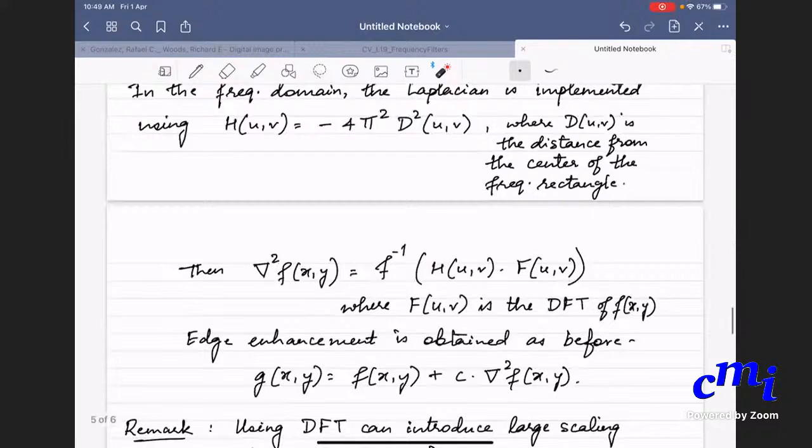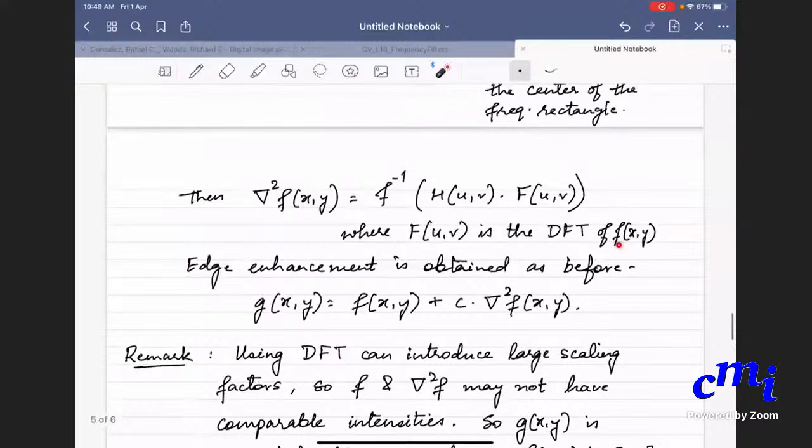So when DFT is applied to convert and to convert back, you can have some scaling factors applied, which means that instead of f(x,y), you will have some scalars multiplied to this output, which means the Laplacian image will come out with different intensity values than were there in the original image. So that is possible.